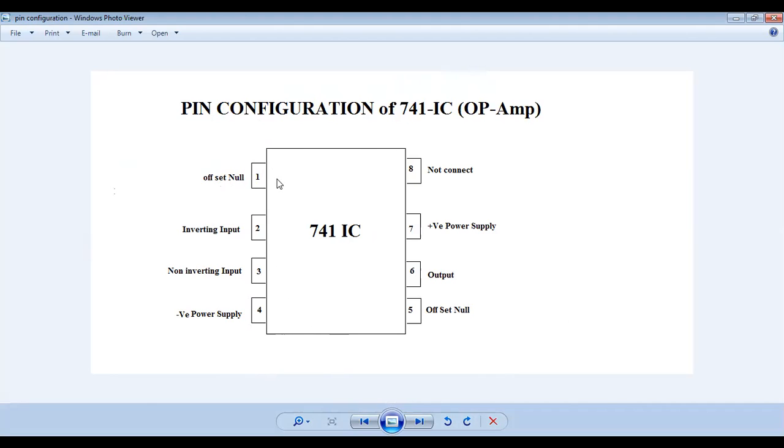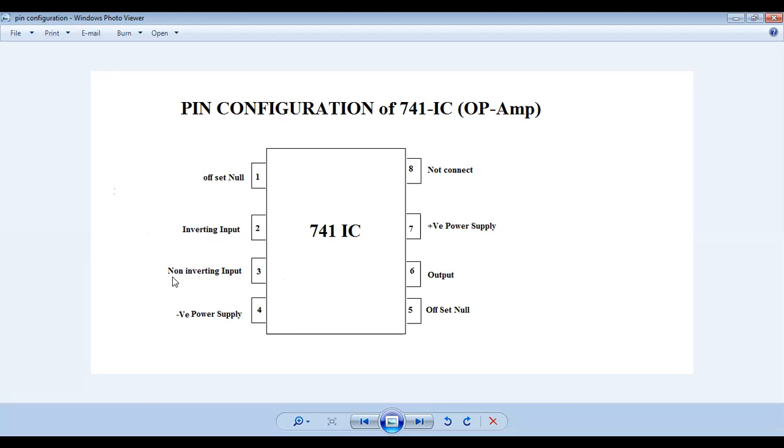The first number pin is for offset null. The second number pin is for the inverting input. If we want to use the operational amplifier in inverting mode, as we already did in our previous class, we give the supply to the second number pin and connect the third number pin to the ground.